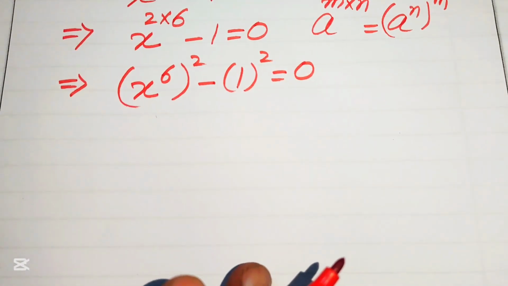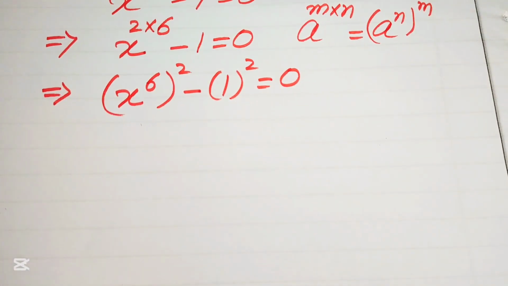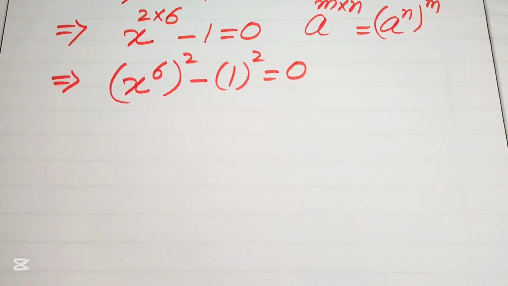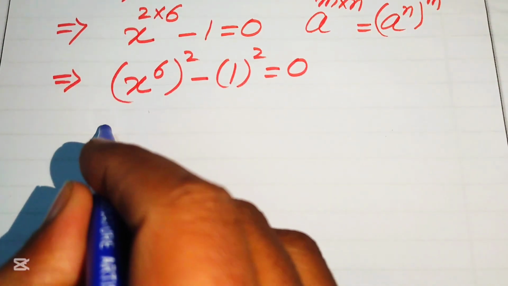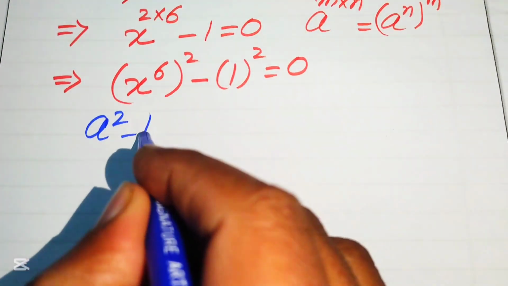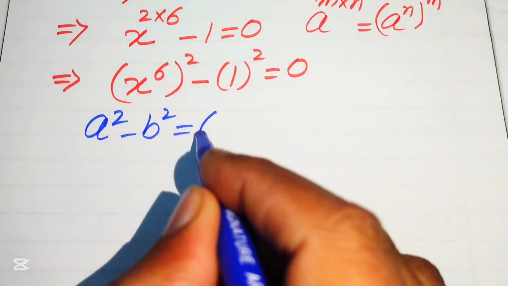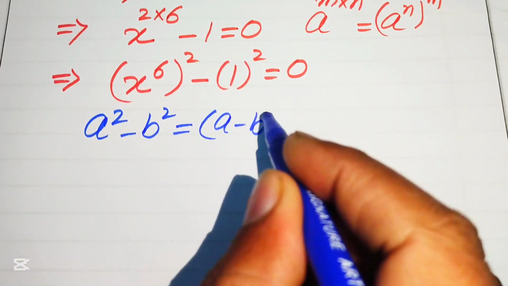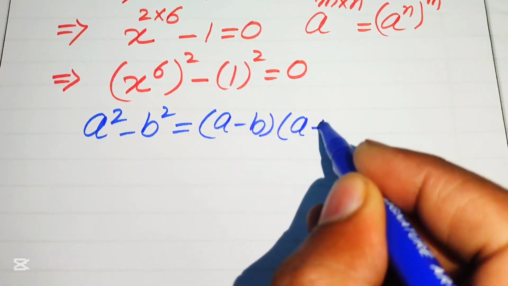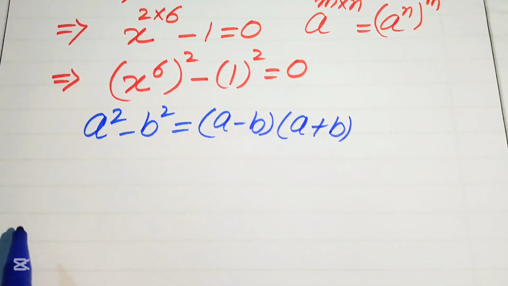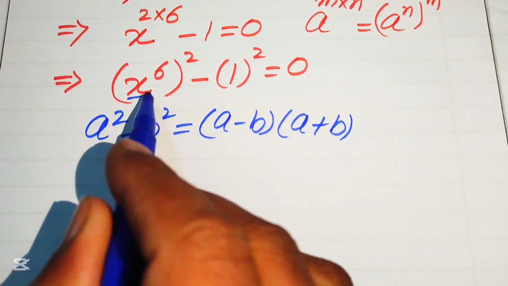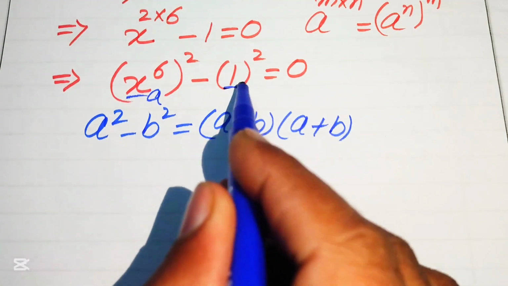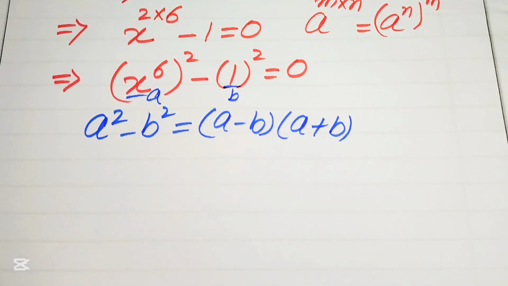So now after this step here we need to apply the square identity. You know that if we have a square minus b square, it is equals to a minus b times of a plus b. So according to this identity we have the value of a is x to the power of 6 and the value of b is 1 only.